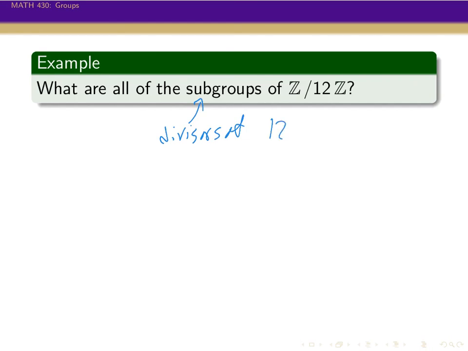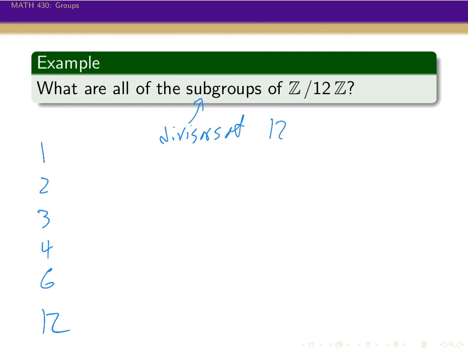Right? So what are all the divisors of 12? So there's 1, 2, 3, 4, 6, and 12 is the last one. And so there's going to be one subgroup of order equal to each of these divisors.